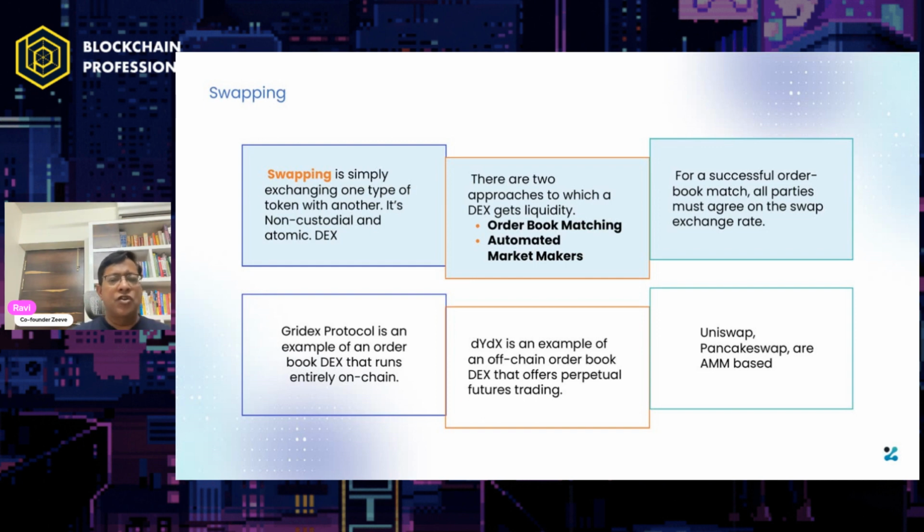So the essential DeFi primitive used in a DEX is swapping. And if you remember the atomicity we talked about, that becomes very important. When you are doing a transaction on Uniswap, you say, I have one ether and I want to convert it into USDT, and there's a quote for ETH/USDT of, let's say, $1,600.